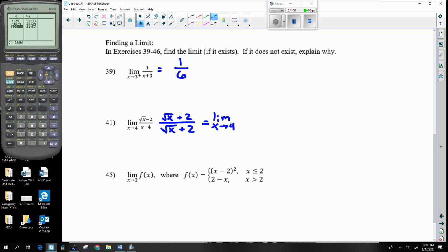So square root of x, positive 2, negative 2, and then that comes out to be a -4 as the negative 2 multiplies the 2. And then, well, you know, it does kind of work out. So that drops, and now the limit as x goes to 4, so that's 2 plus 2 is 4.